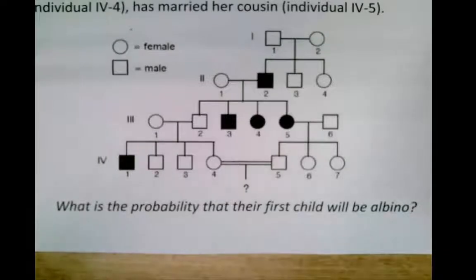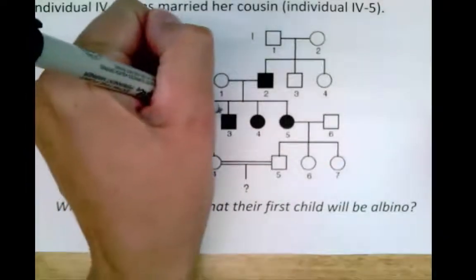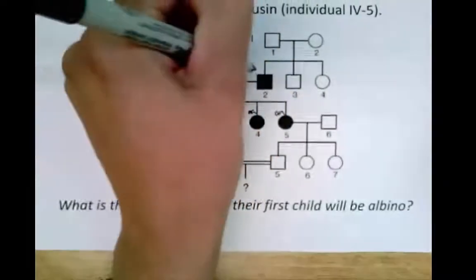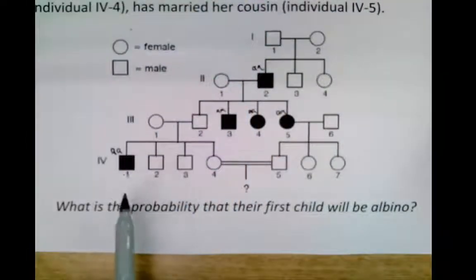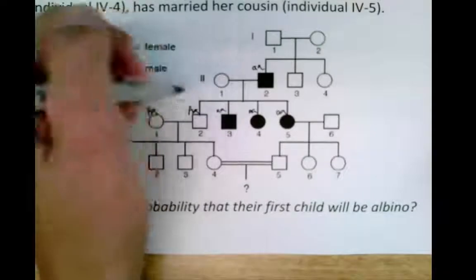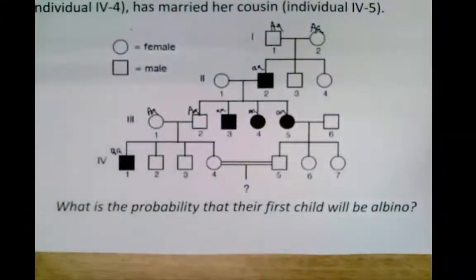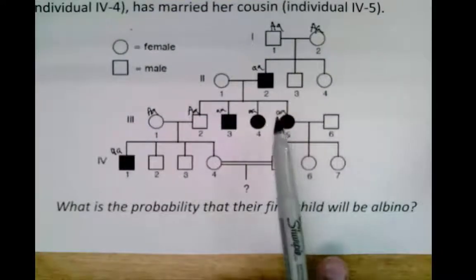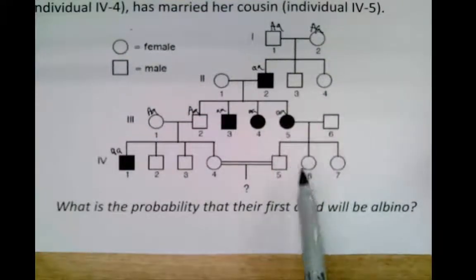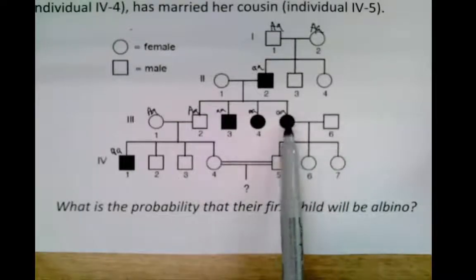The very first step is to label the genotypes that we know for sure. I usually start with the homozygous individuals right here. Any parents of homozygous recessive individuals have to each be heterozygous. In addition, if you look at this family right here, the mother is homozygous, so the only A allele that she has to give is a little a.